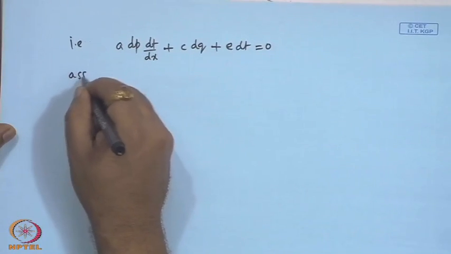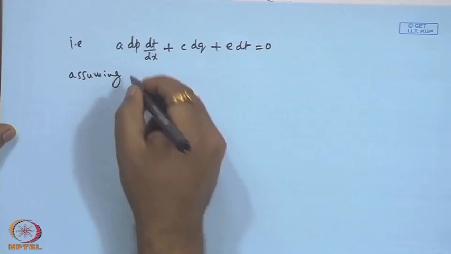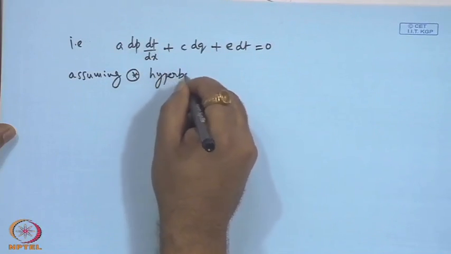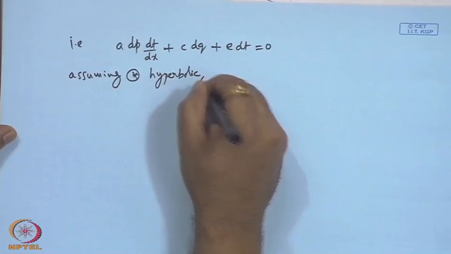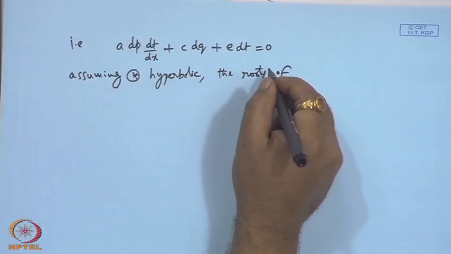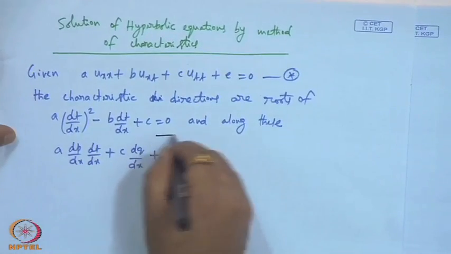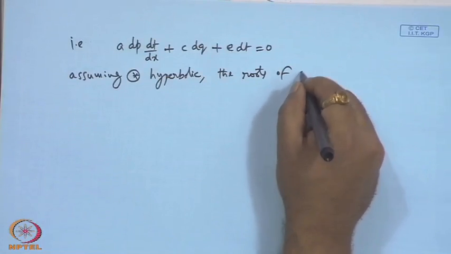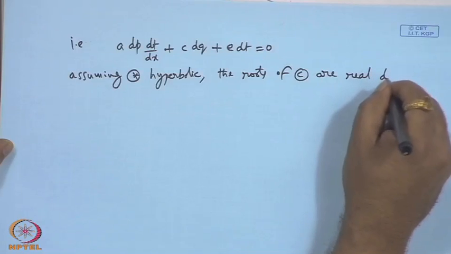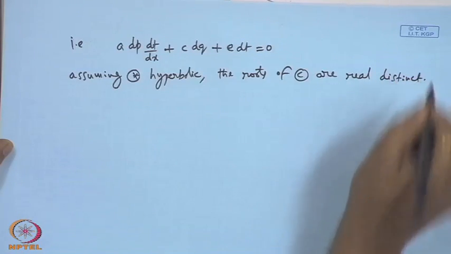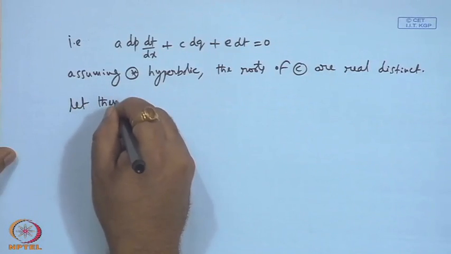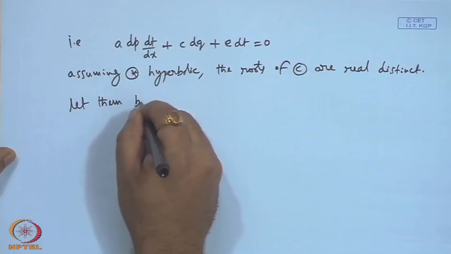Then since we are discussing hyperbolic, assuming star is hyperbolic, the roots of C are real and distinct.